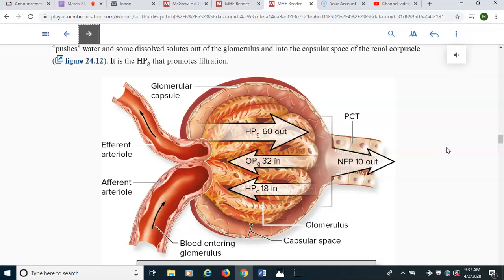So we want to make sure that the amount that we filter each minute stays pretty constant. Because if it moves at a much slower rate, then things that we don't want to stay in the blood are going to stay in the blood, like waste products, and they can be toxic to our cells.